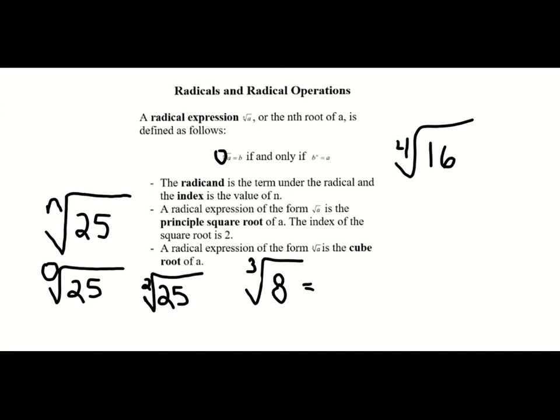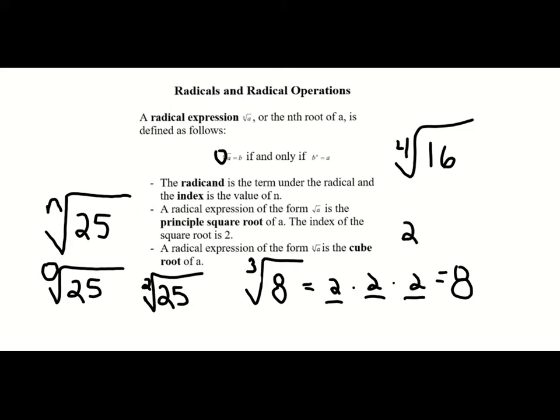And really what a radical means, when we're trying to find the root, the square root, the cubed root, is that we are trying to figure out, like the cubed root of 8, what number can I multiply together 3 times that will give me 8. And I know that if I do 2 times 2 times 2, it gives me 8.